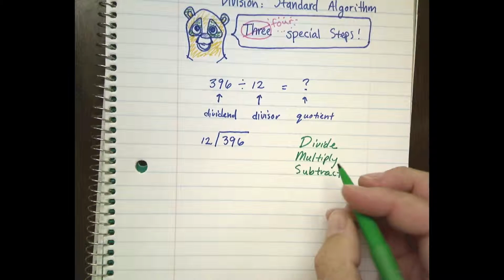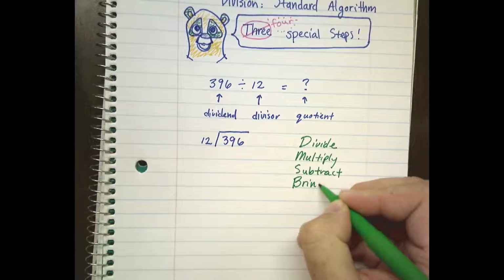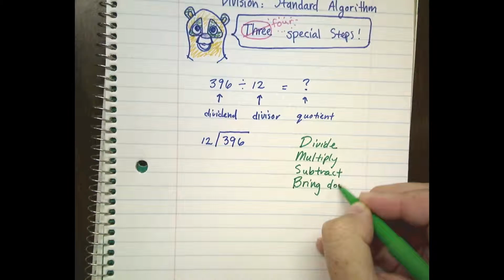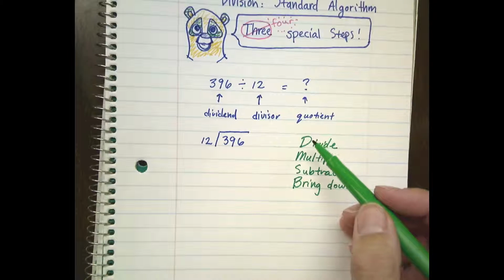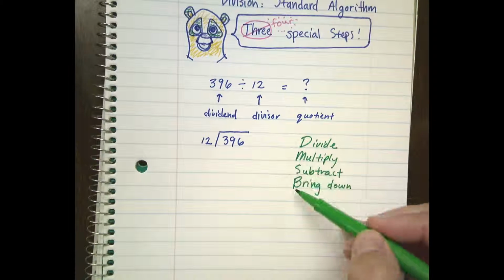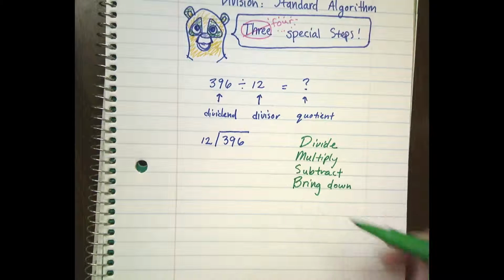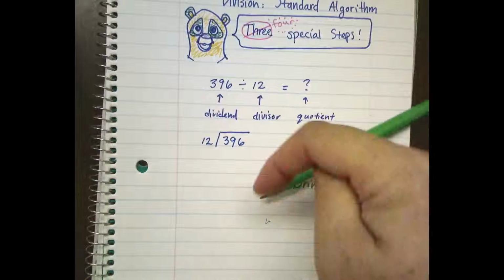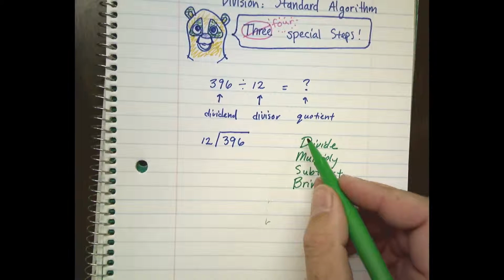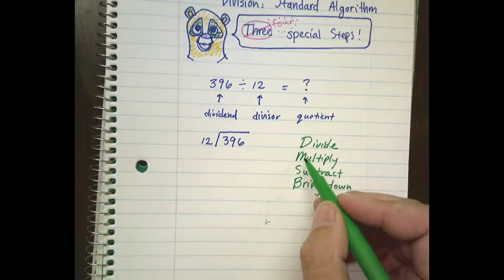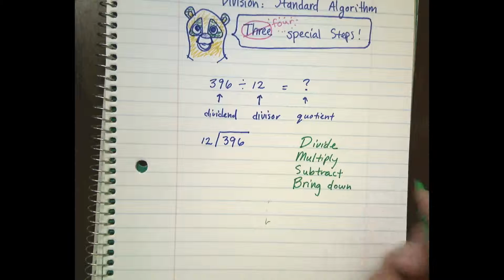And our final step is bring down. So divide, multiply, subtract, bring down. You can make up a fun acronym for that, and I would love to see you post that in the comments below. If you can come up with a good acronym for DMSB, divide, multiply, subtract, bring down, to help you remember, that would be awesome.